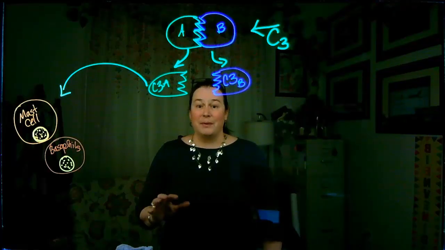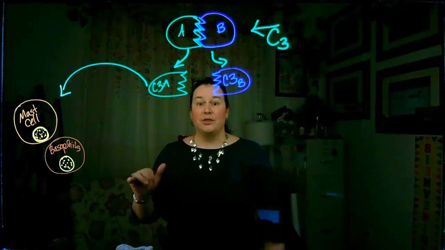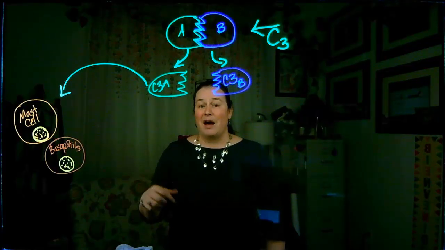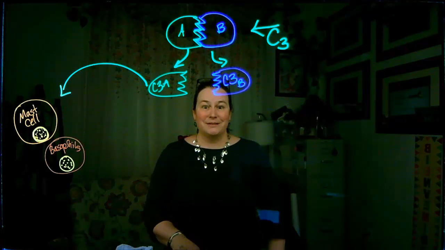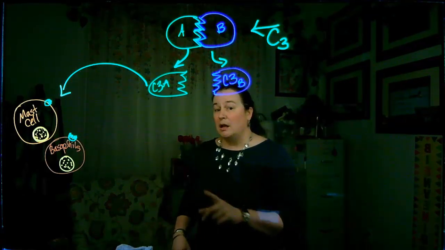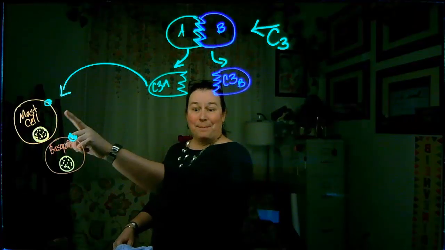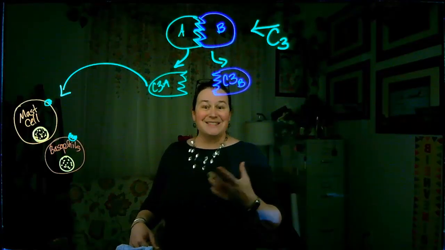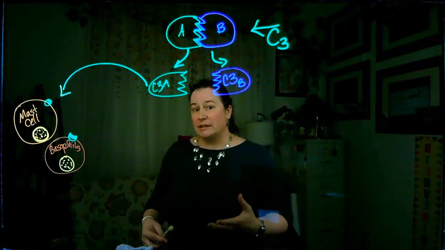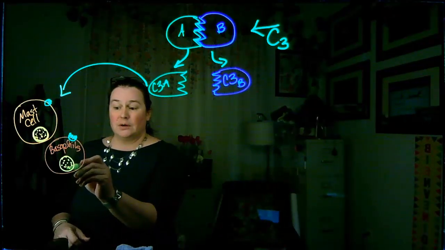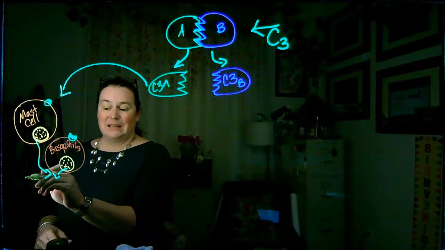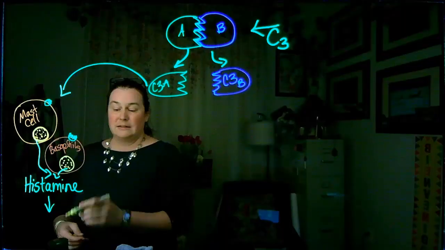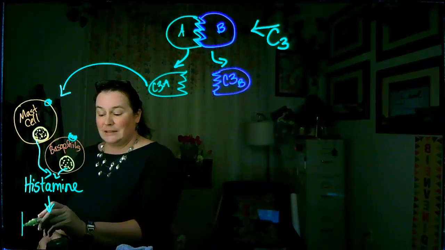Now, complement C3a is going to be able to bind to both mast cells as well as the basophils. When complement C3a binds to a mast cell or a basophil, this acts as a signal and encourages these cells to release their histamine. So histamine is going to be released as an effect, and histamine specifically causes the end result known as inflammation.